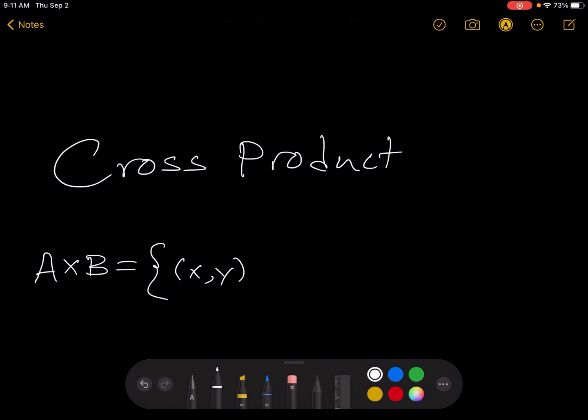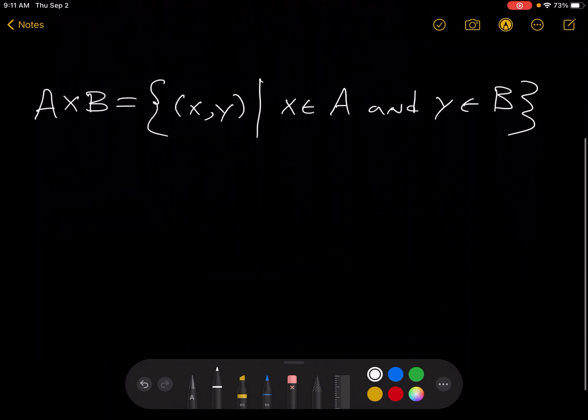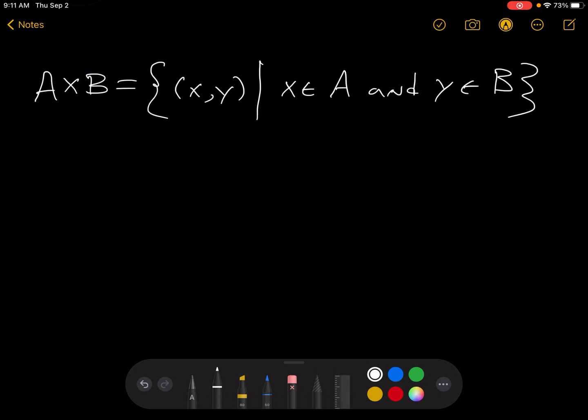This is like a point. This is a point (x, y) such that x is an element of A and y is an element of B. This is the cross product.